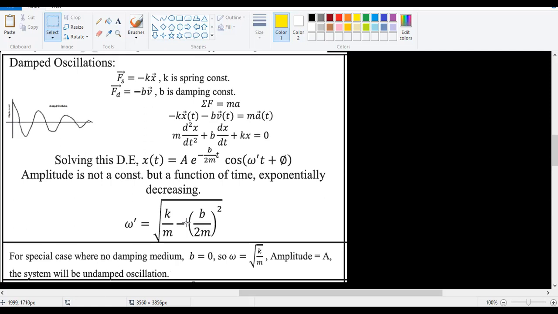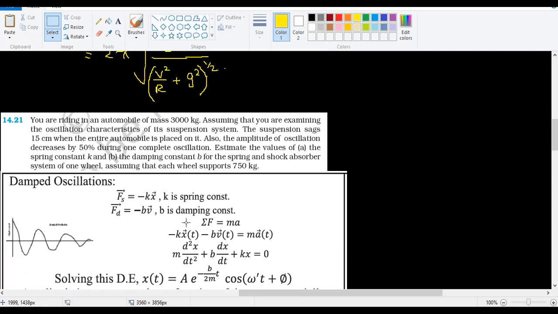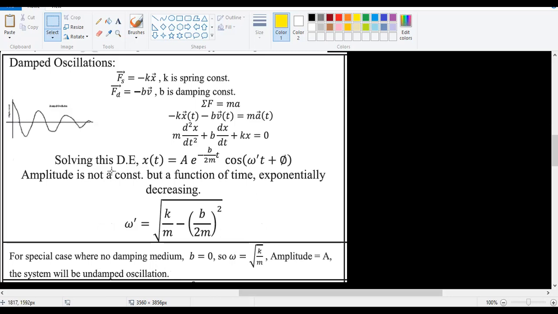So that means that is something like your amplitude, I think. Decreases by 50%. So I know that this is decreasing by 50%.